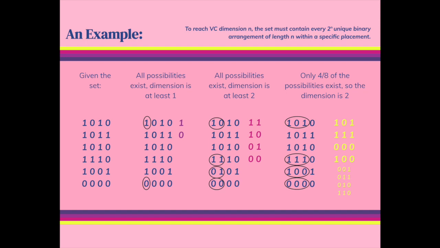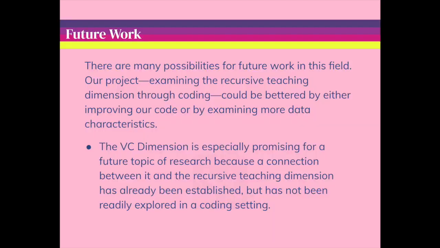Moving to the right again, we can see that the same is true for all 4 possibilities of length 2. Thus, the second dimension is also shattered. Finally, however, we see that not all 8 possibilities exist that would be needed in order for the set to shatter a third dimension. Therefore, the set has a VC dimension of 2.